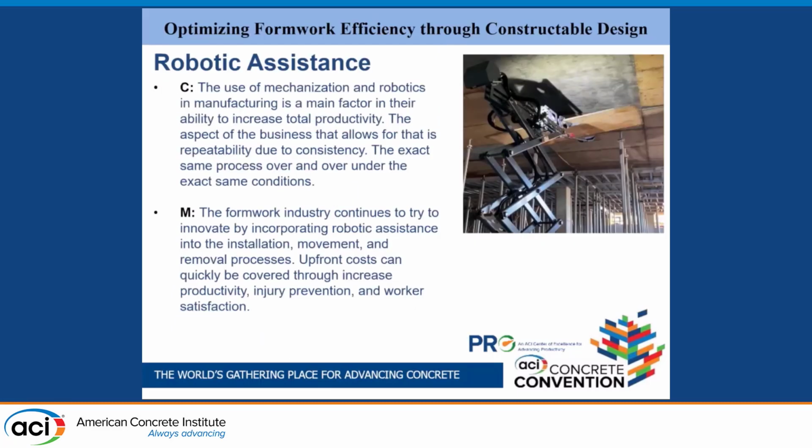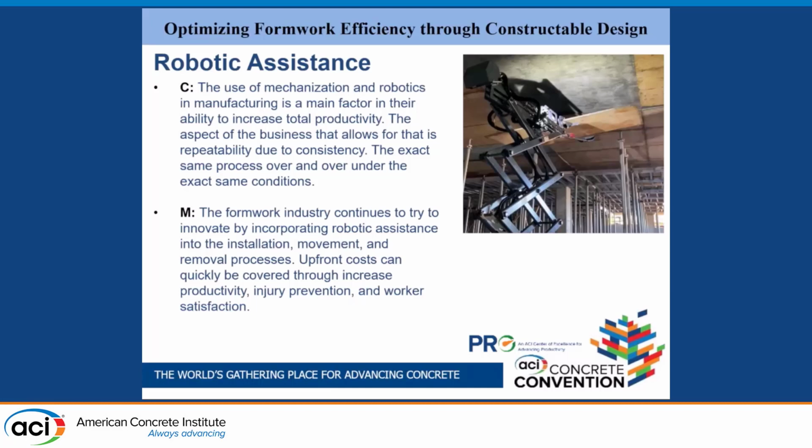Another non-formwork thing, but like the goals to where we all kind of wish we could go, is some sort of robotic assistance with formwork. So there are things from very rudimentary up through very advanced, but the use of mechanization and robotics in manufacturing is a big reason why they can get the productivity they can.